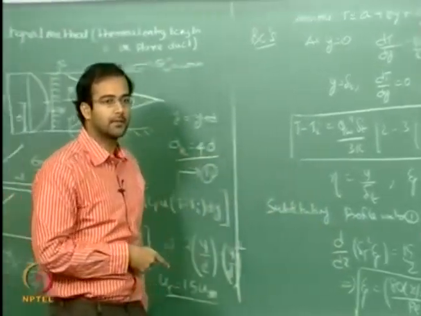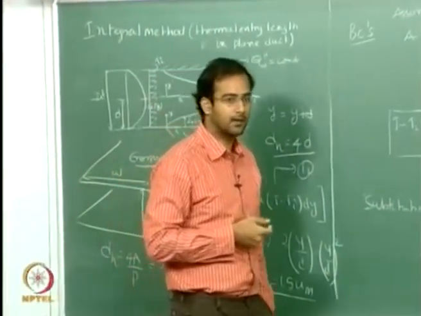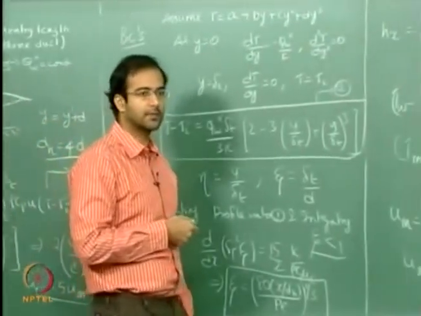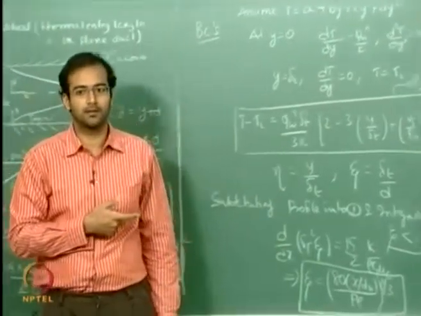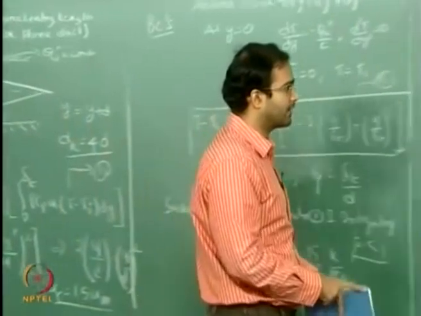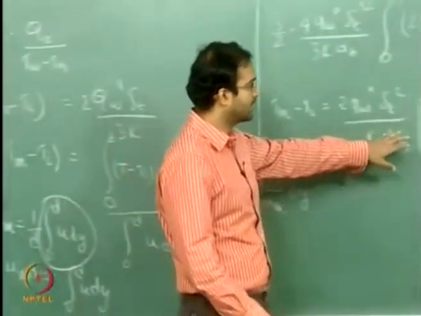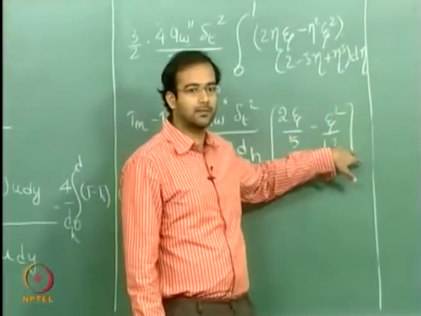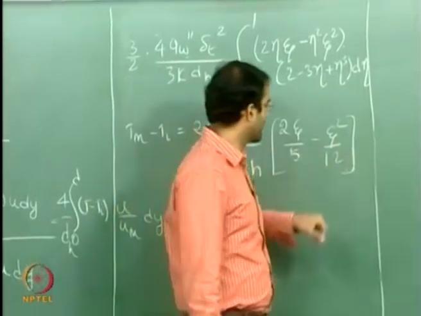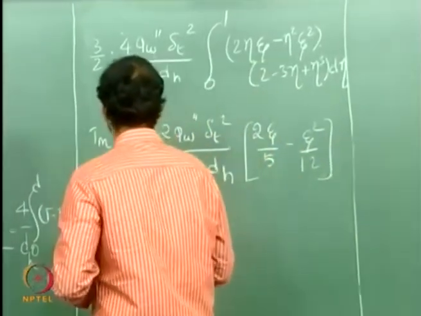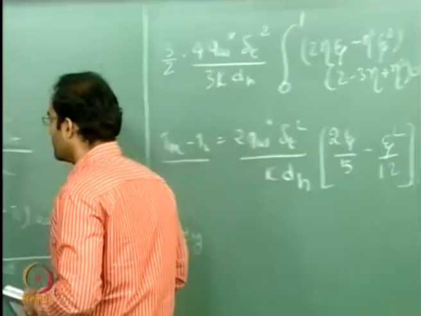So there, if I make the approximation that the higher order terms for zeta can be eliminated, the differential equation becomes easy to solve. Whereas here I don't have any differential, this is an algebraic equation, so I retain all the higher order terms as much as possible. Okay, so this is my expression for Tm minus Ti.